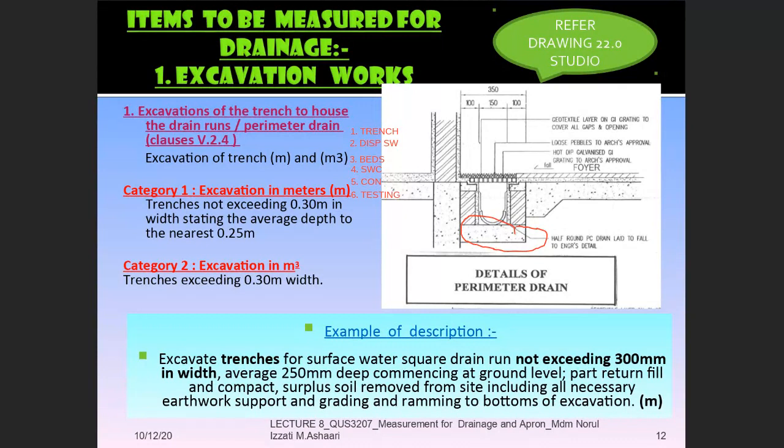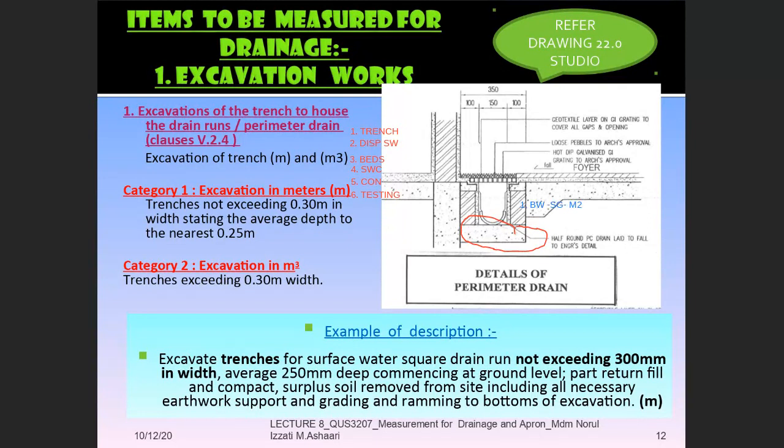I'll put number 1 in blue color to let you know that it is an item that is available in the drawing, but not available in section V. What you need to do is refer to the appropriate heading: brick wall in section G. So under section G, you have to measure brick wall in meter square.